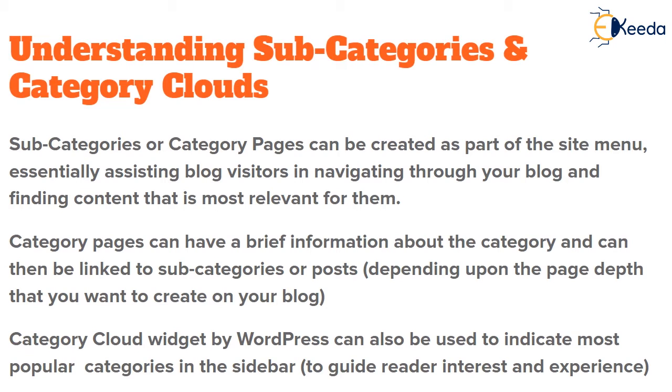You can also use the category cloud widget by WordPress, which can be a great way to indicate most popular categories in the sidebar to guide reader interest and experience. Now, this is an alternative if you don't want to use the category or subcategory pages at the top of your blog site, and you just want to give suggestions in terms of popular searches, popular categories to your blog readers, and then allow them to search for their preferred content on their own.